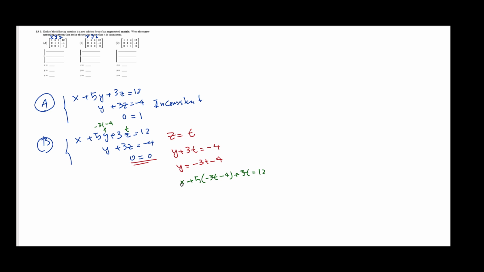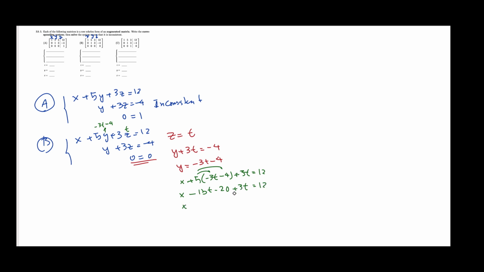Now I can solve for x. There's no other variables in there, and the only parameter is t. And so I get x, distribute 5, minus 15t, minus 20 plus 3t equal to 12.